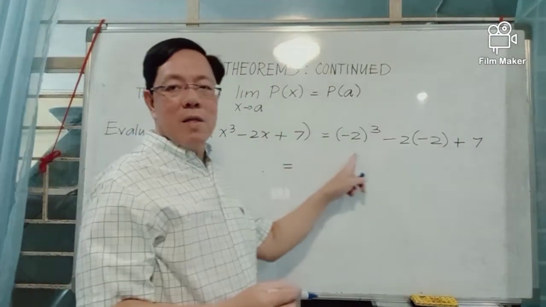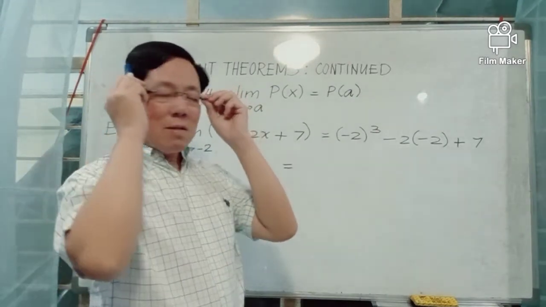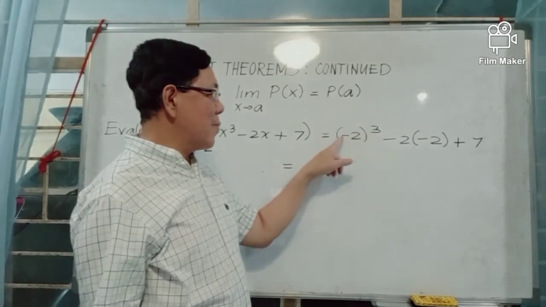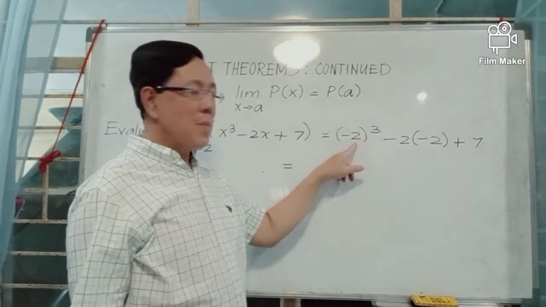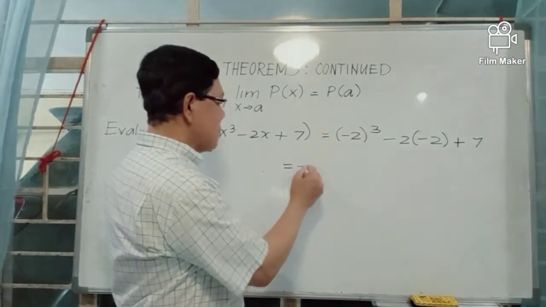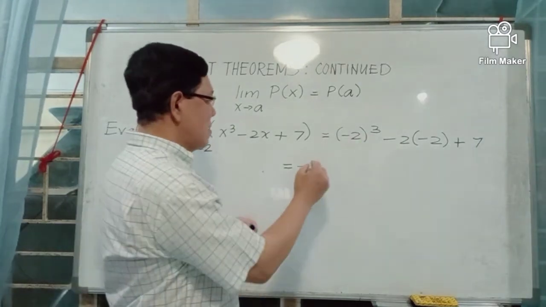You simplify the right hand side by property of exponent. The cube of negative 2 means you take the cube of negative 1 multiplied by the cube of 2. And the cube of negative 1 is negative. And the cube of 2 is 8.